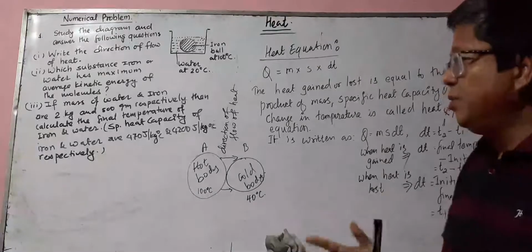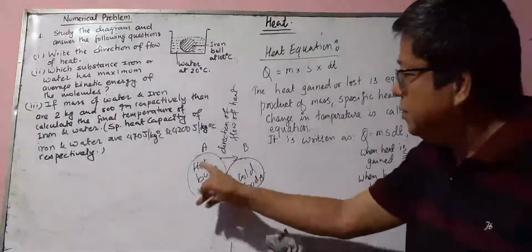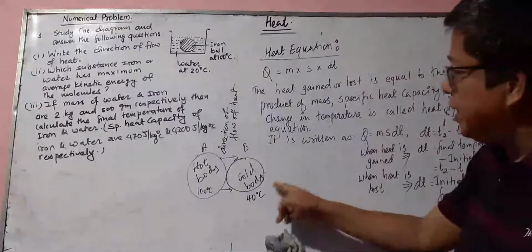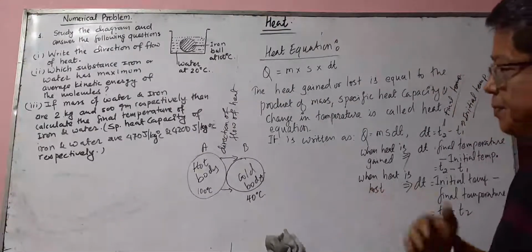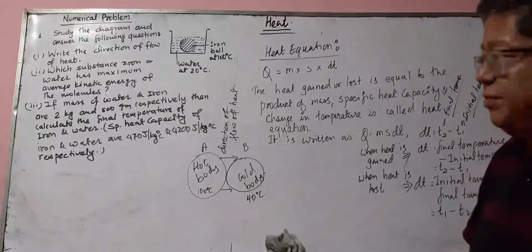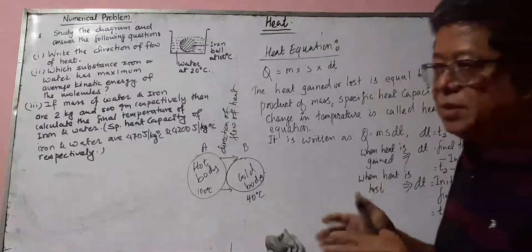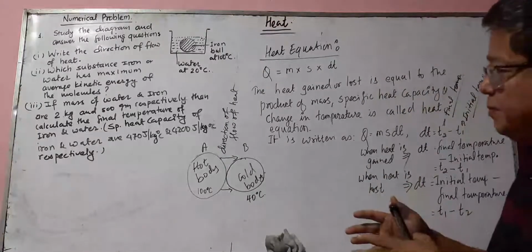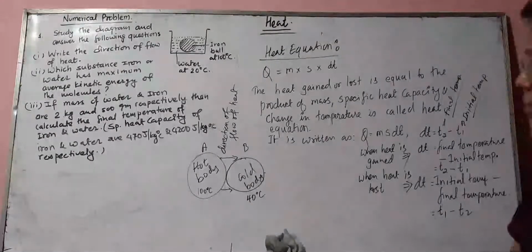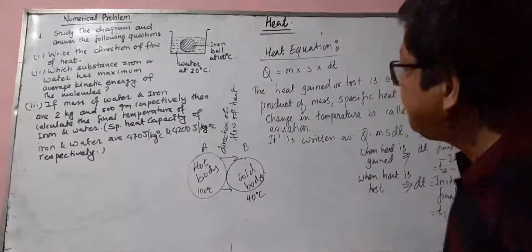Okay, in other words, in a closed system, heat lost by hot body is equal to heat gained by cold body, and this principle is known as the principle of calorimetry. So the principle of calorimetry states that heat lost by hot body is equal to heat gained by cold body.